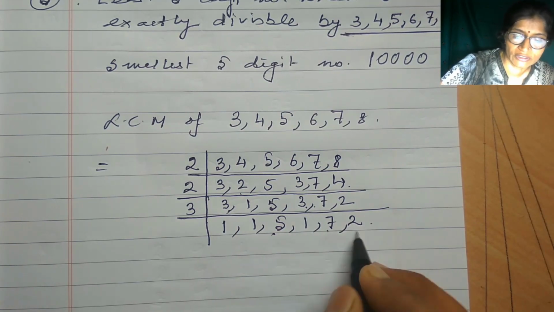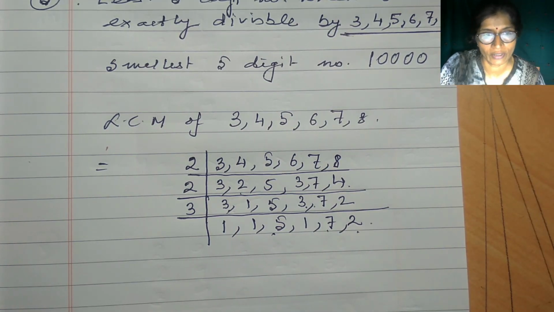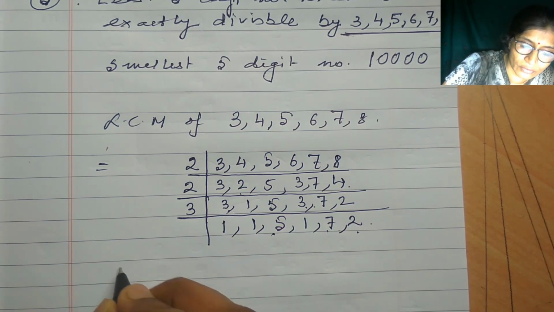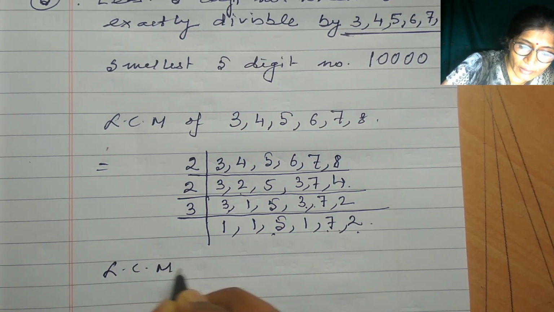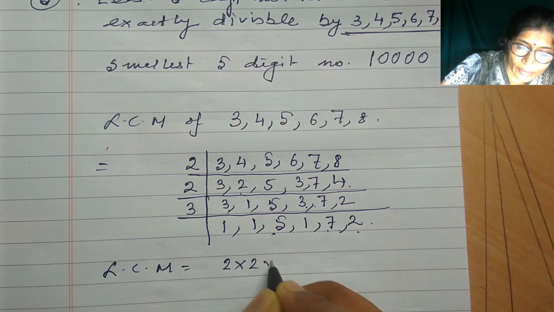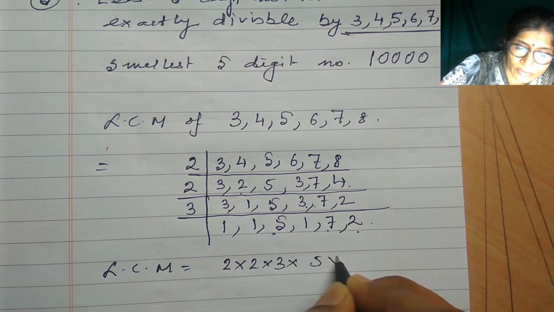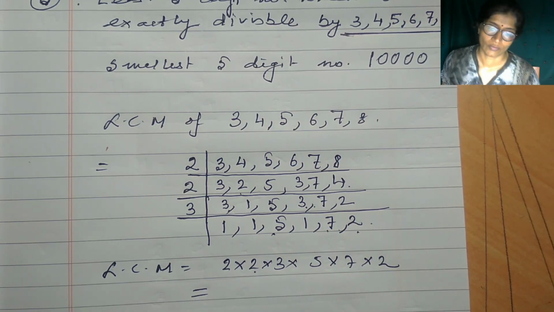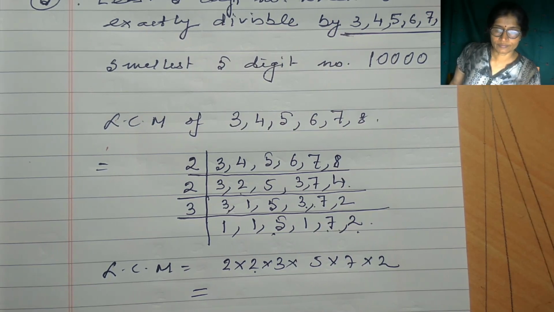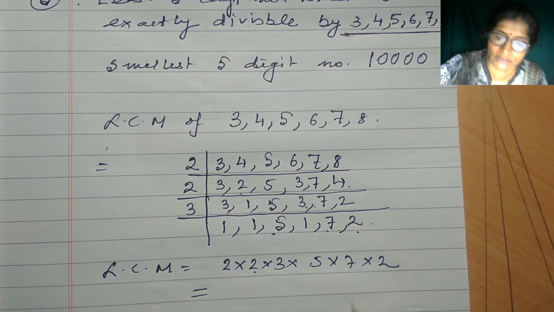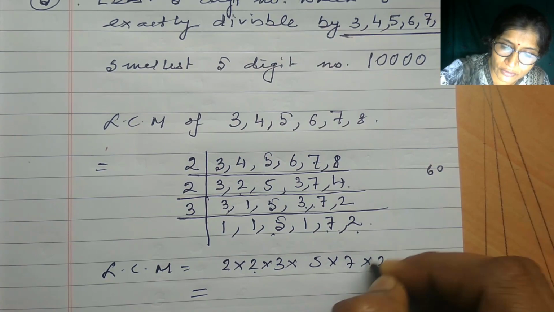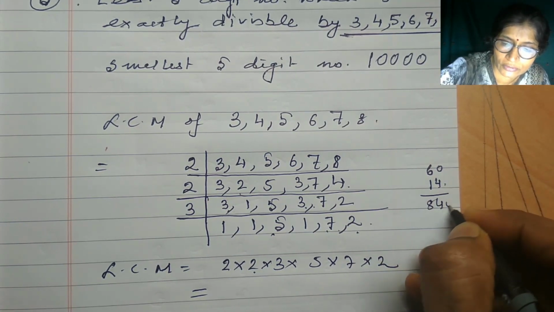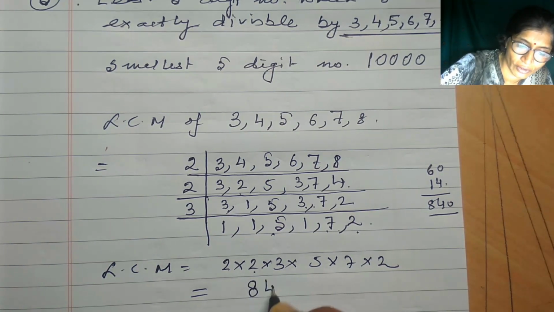So here 3 terms are there, but they do not have a common factor. So LCM will be equal to 2 into 2 into 3 into 5 into 7 into 2. So 2 2s are 4, then 4 3s are 12, 12 5s are 60, 60 7s are 420, 420 2s are 840. So this is equal to 840.